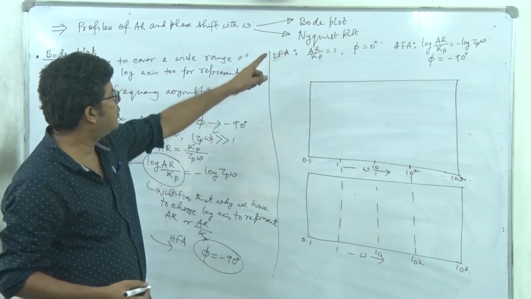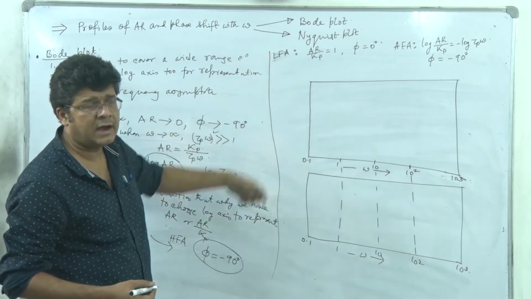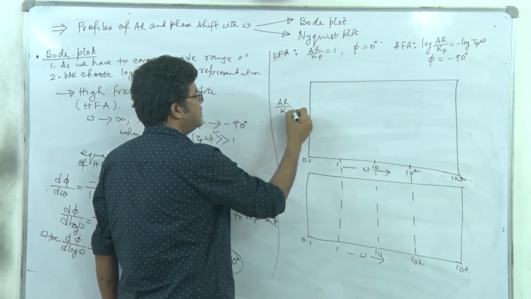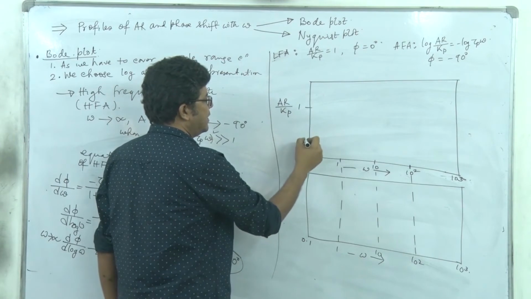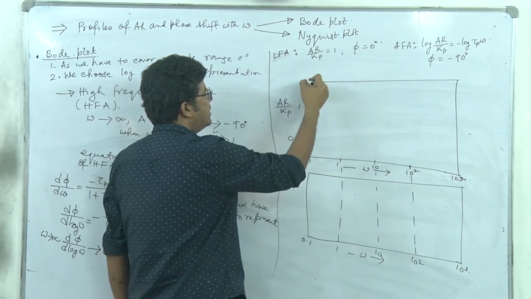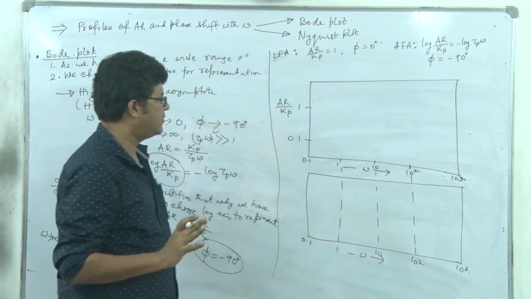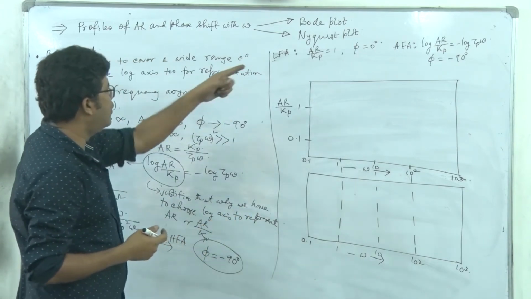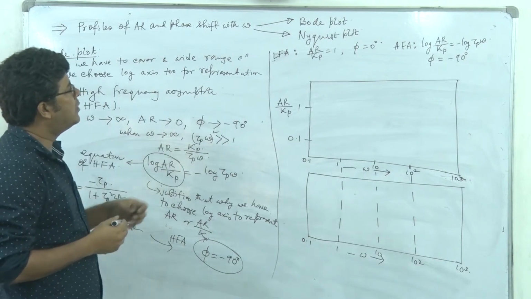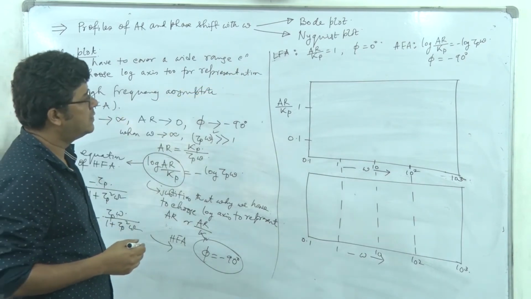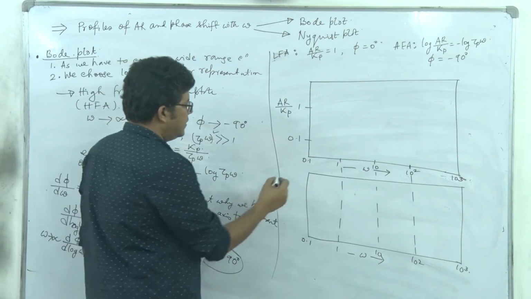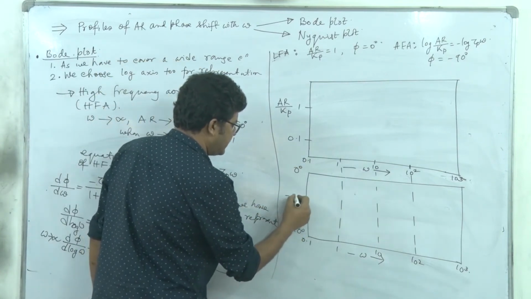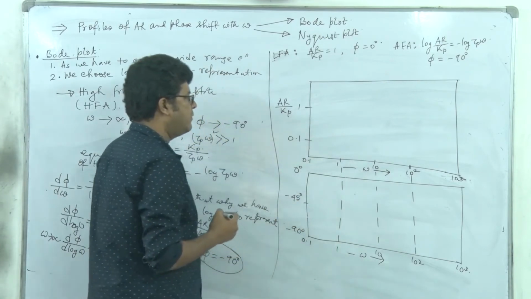Now instead of AR, we can always plot AR by Kp, because there is a normalized value of 1. Let's say here the value is 0.1 and above it will be 10, so we are not interested in that. For phi, at low frequency asymptote the value is 0, at high frequency the value is minus 90. So you write this is 0, this is minus 90, and let's say somewhere intermediate this is minus 40.